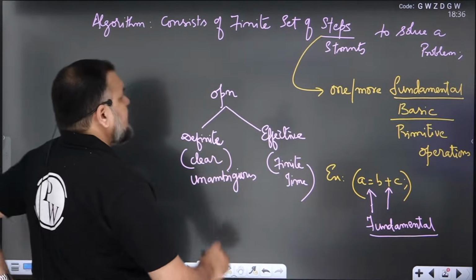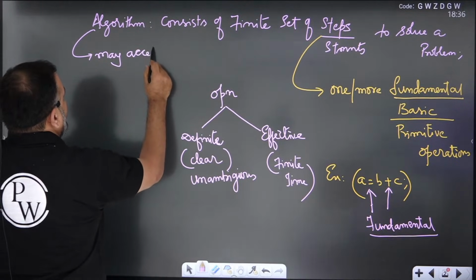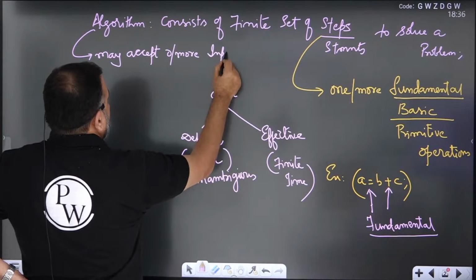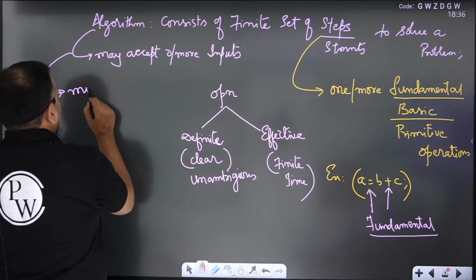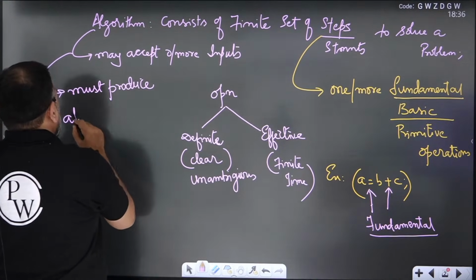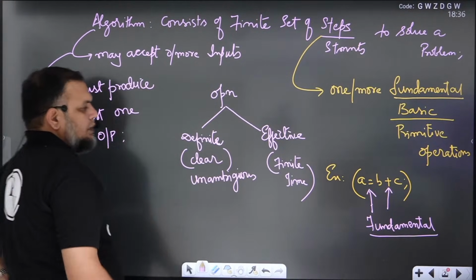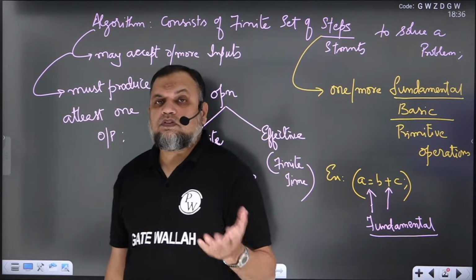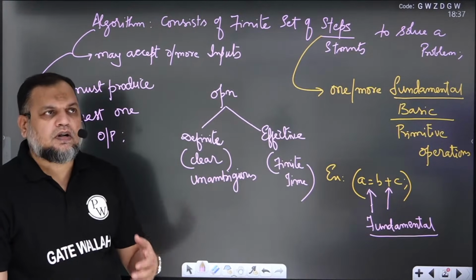ठीक है? Next aspect is every algorithm may accept zero or more externally provided inputs, but must produce at least one output. ये बहुत जरूरी है. अगर मान लीजिए algorithm is not producing any output, then we don't know whether algorithm is right or wrong. हमें कैसा पता चलेगा कि algorithm is achieving its desired objective or not?